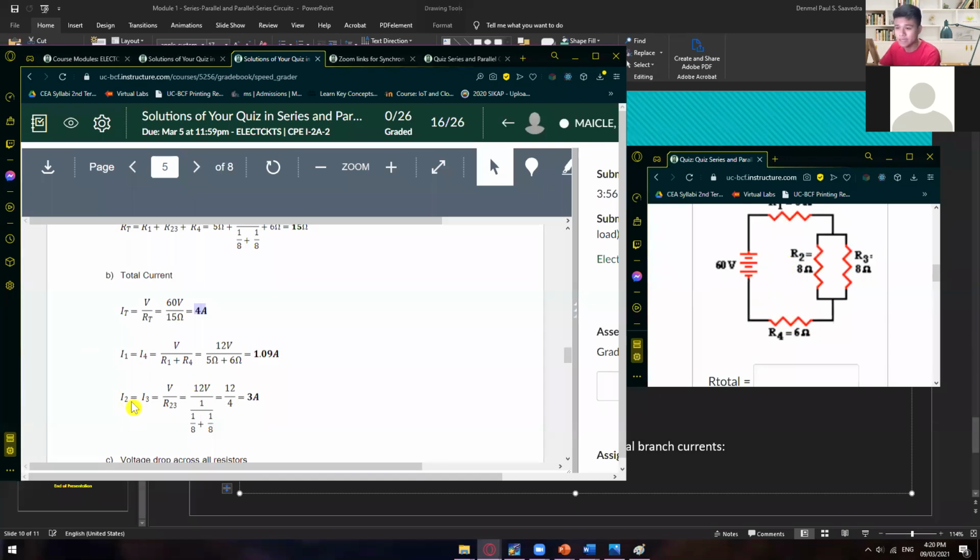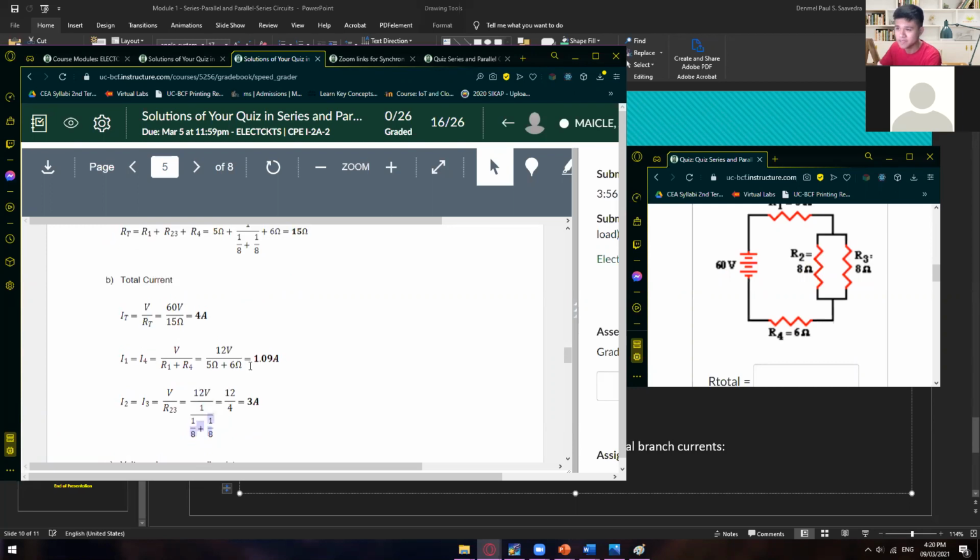And we have here I2 is also equal to I3, since you're going to have one flow of current since you have already combined the R2 and R3. Whatever is the current flowing on your I2 will be the same that is flowing on your I3. Just get the combined value of your R2 and R3, so 1 divided by 1 over 8.